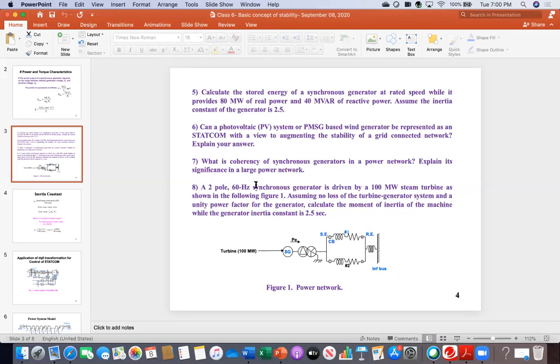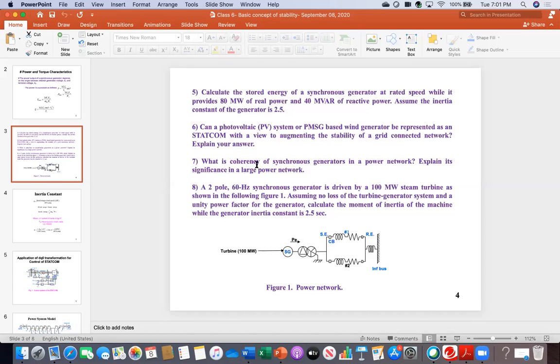And when it says explain its significance in a large network, you can say we can reduce a large power network into a reduced order system, and that will save my calculation. It will make the calculation easy, reduce the computational burden, and it will behave almost equal to the original system.